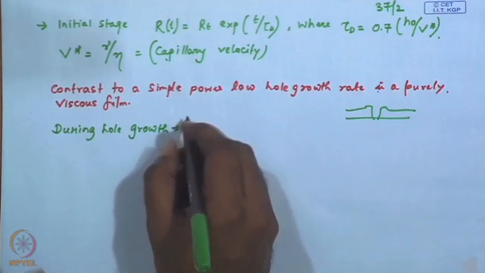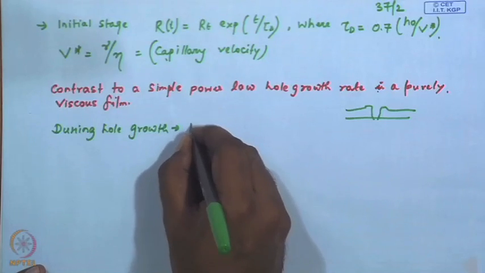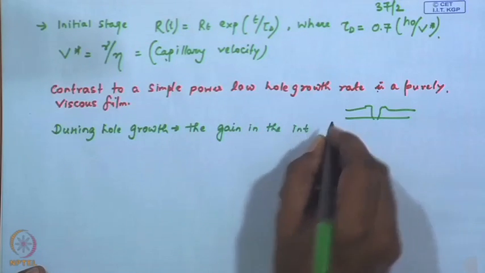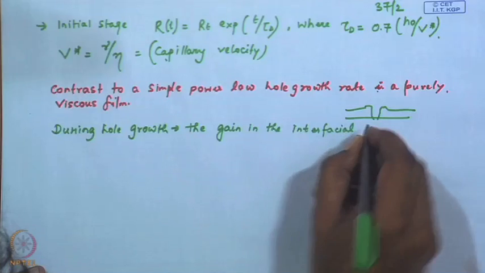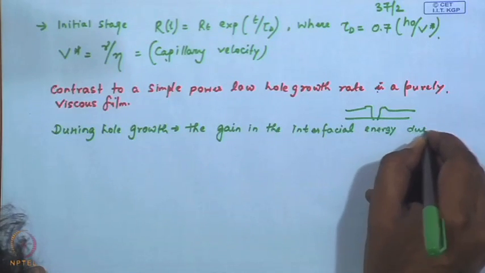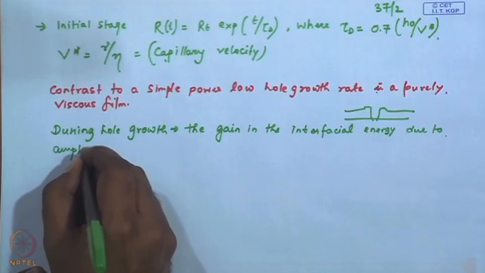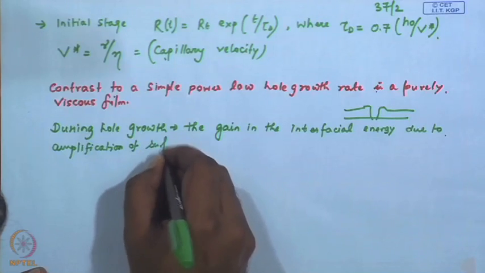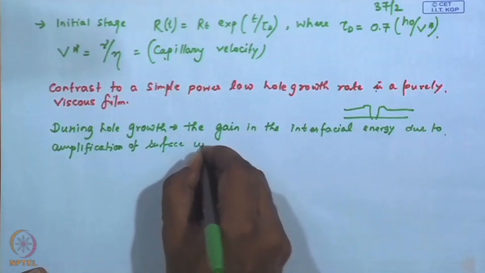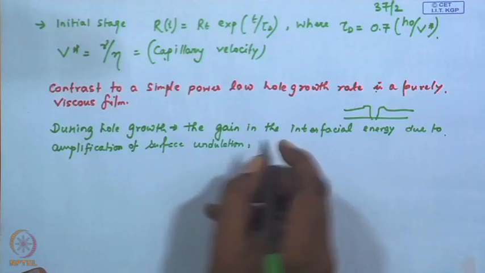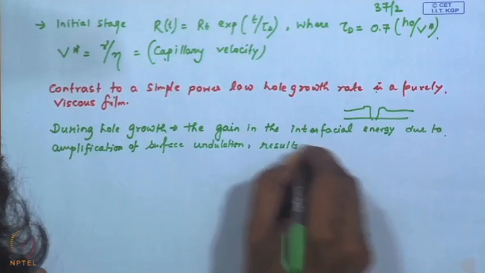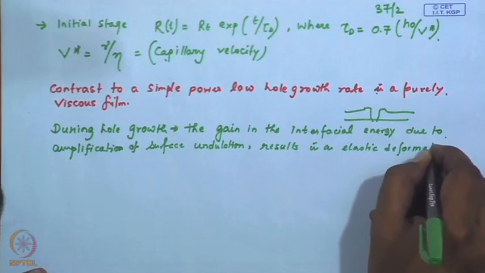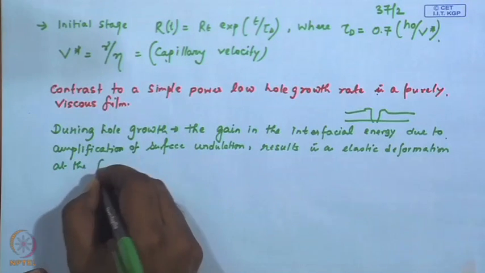So, during hole growth the gain in the interfacial energy due to amplification of the surface undulations results in an elastic deformation at the film surface.